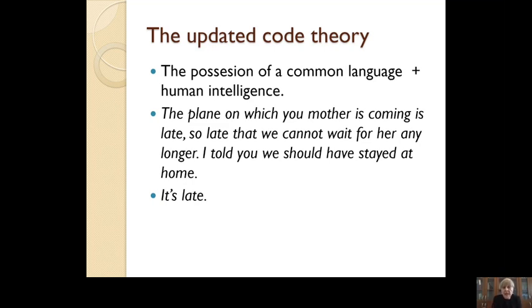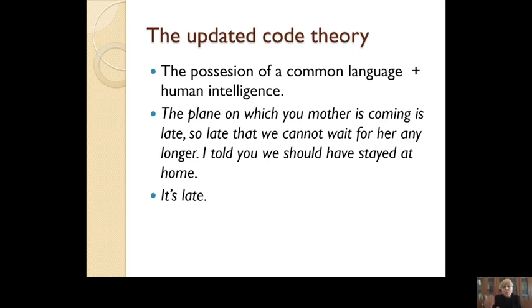So instead of saying the plane on which your mother is coming is late, so late that we cannot wait for her any longer, I told you we should have stayed at home, we may simply say it's late, and in the appropriate situation, in the appropriate context, the addressee will be able to derive the meaning spelled out in the first paragraph.